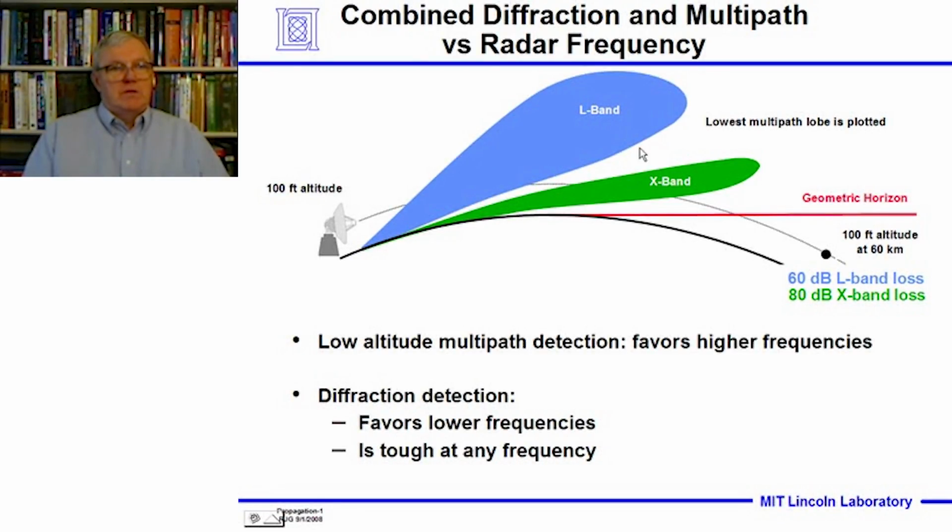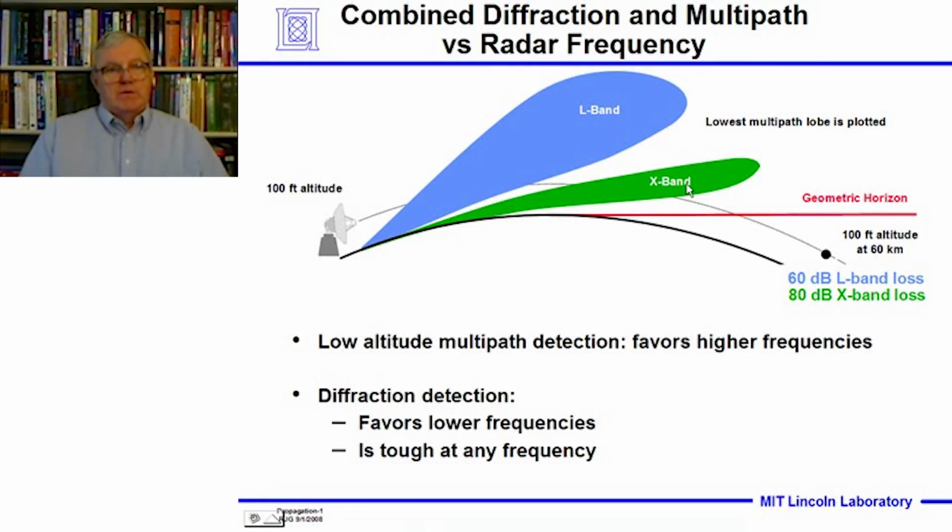Here we see the lowest multipath lobe we've plotted at L-band, and the lowest multipath lobe is plotted also at X-band. Out at 60 kilometers, the diffraction loss is 60 dB at L-band, because we're below the horizon, and the loss is 80 dB at X-band.